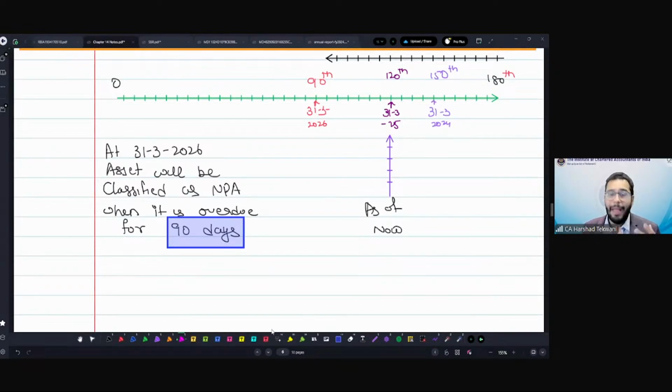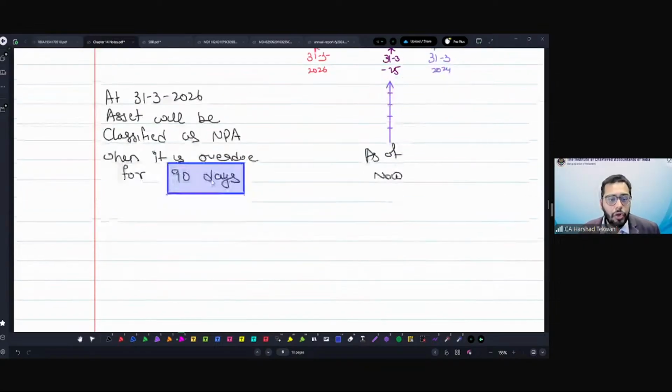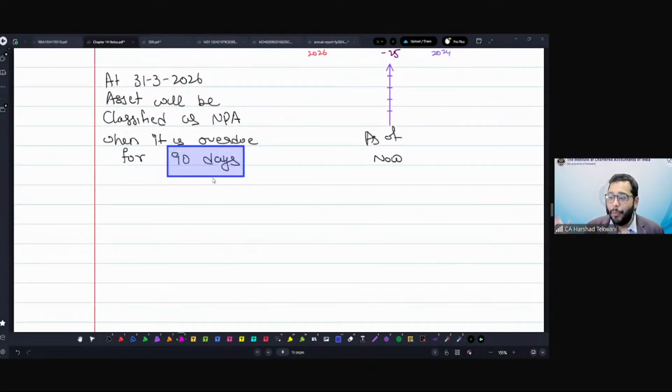Let's say on the 60th day, I cannot say this asset is an NPA because 90 days have not yet been completed. Till the 90th day I cannot do anything because it is still a standard asset and I cannot classify it as an NPA. So there was a gap, as we have to wait 90 days to call an asset an NPA and do something then.